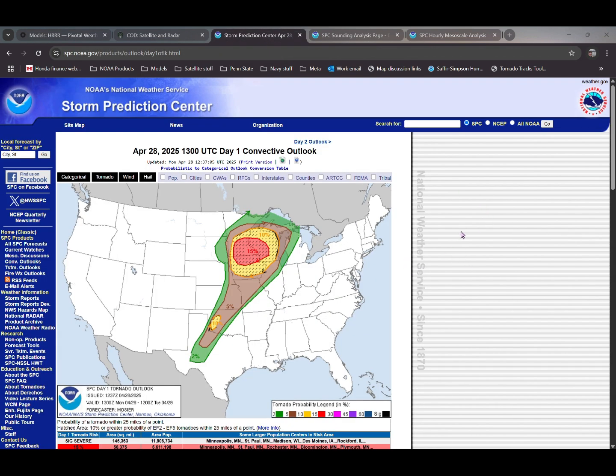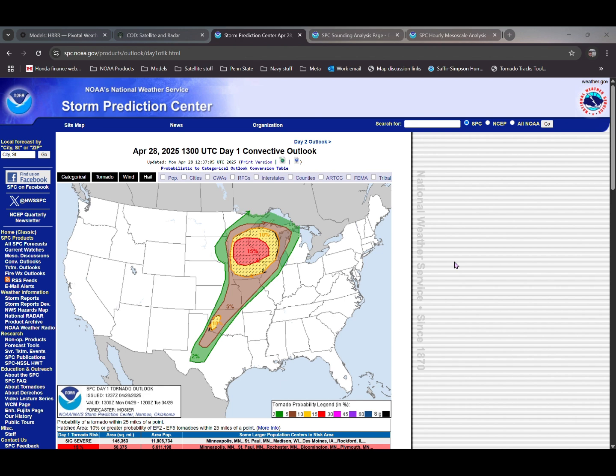Overall, I'm in pretty good agreement with what the SPC is saying for the strongest tornado threat being in this area right here, north Iowa, southeast Minnesota, into west central Wisconsin, with a widespread area of a significant tornado possible, with the greater portion of Iowa, a larger portion of southeast Minnesota, and pretty much the entire state of Wisconsin.